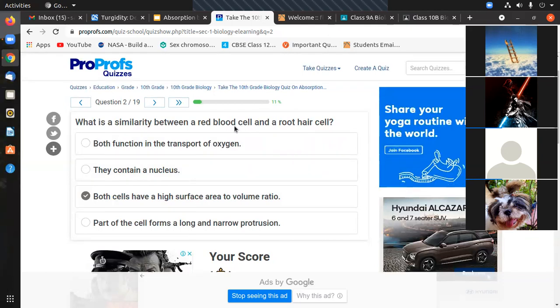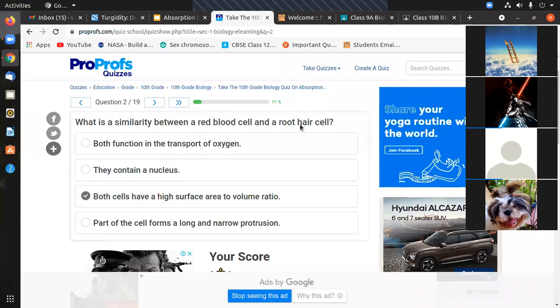They contain a nucleus. RBCs do not contain a nucleus. Root hair cell contains a nucleus. So again, the second option is gone. Both cells have a high surface area to volume ratio. If you remember specifically, RBCs carry a lot of oxygen due to the presence of hemoglobin, so they might have a high surface area to volume ratio.